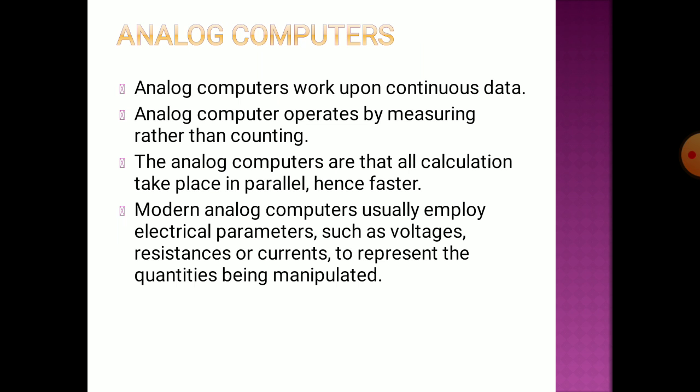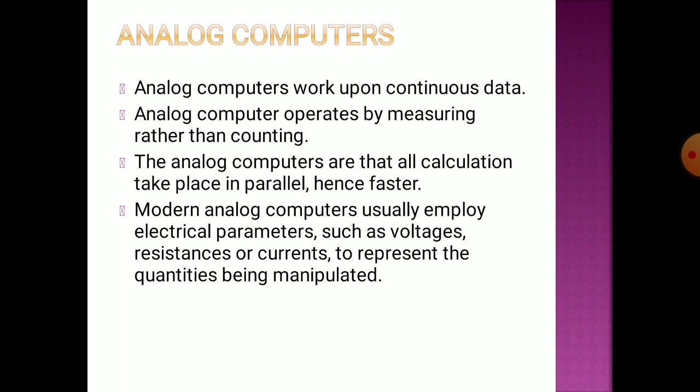The first one we have is analog computers. Analog computers work upon continuous data. Here, continuous data means in the format of measuring. So we say that analog computers operate by measuring rather than counting.